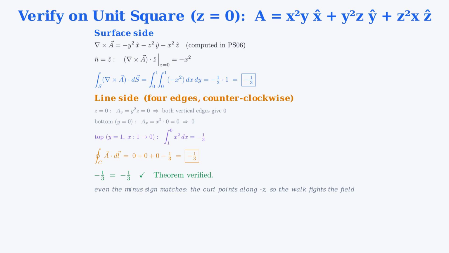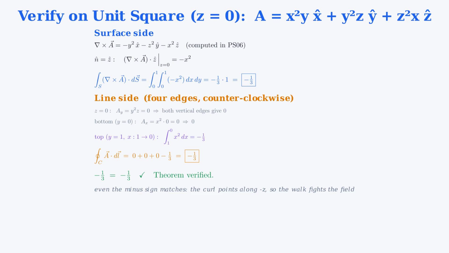There y equals 1, so A x is x squared, and we walk from x equals 1 back to x equals 0, against the x direction. The integral of x squared from 1 to 0 is minus 1/3. Add the 4 edges: 0, 0, 0, minus 1/3.